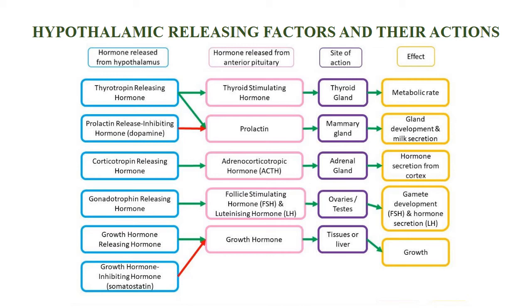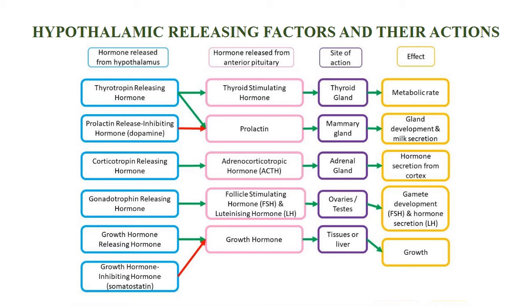In a similar way, the prolactin hormone targets the mammary gland during pregnancy and is involved in the mammary gland development, and after the birth it is responsible for the milk secretion.